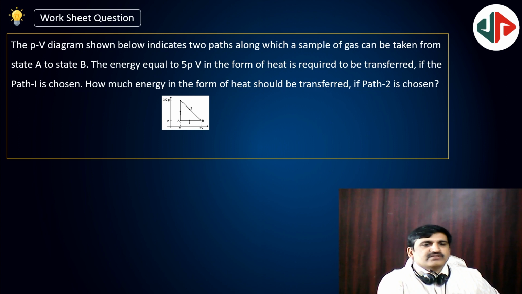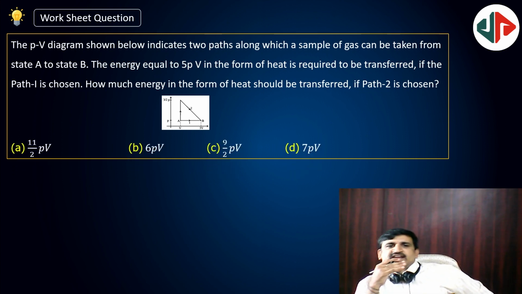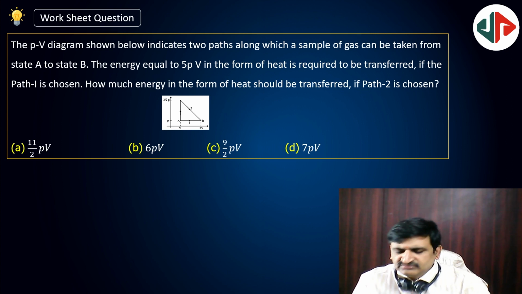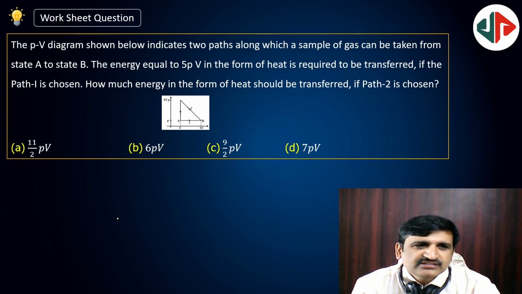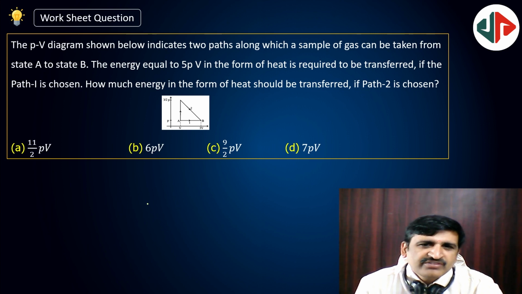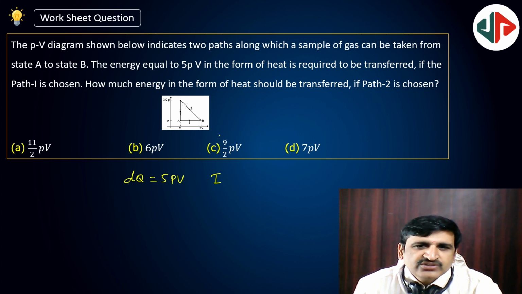Next, graph. The PV diagram indicates paths along which a sample can be taken from state A to state B. The energy equal to 5 PV in the form of heat is required to be transferred. dQ is equal to 5 PV, if path 1 is chosen, path 1 A to B. How much energy in the form of heat should be transferred in path 2?